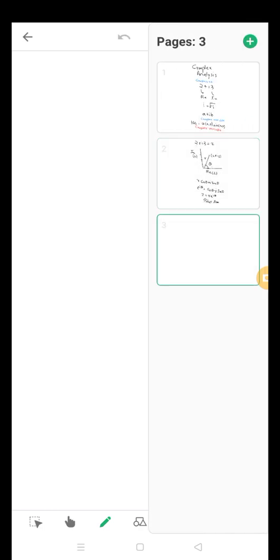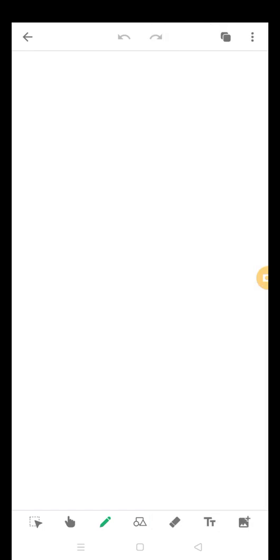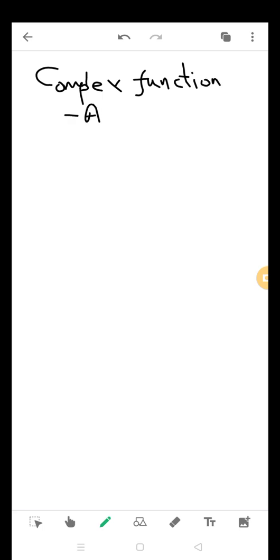Now the next part is when we say that a complex variable or a complex function is analytic or is differentiable.